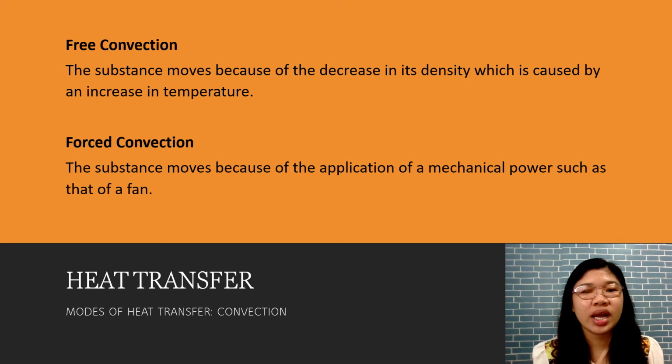So in here, it is highlighted the relationship of density and temperature. In addition, the flow is induced by buoyancy forces, which are again due to density differences caused by temperature variations in the fluid. Again, in heat transfer, we are always talking about temperature variation, temperature gradient, change in temperature.